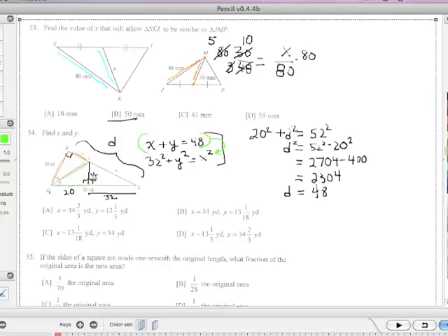So let's go for it. Solving this for x, we see that x is equal to 48 minus y. And then putting it into this equation, we have, again, taking this information.